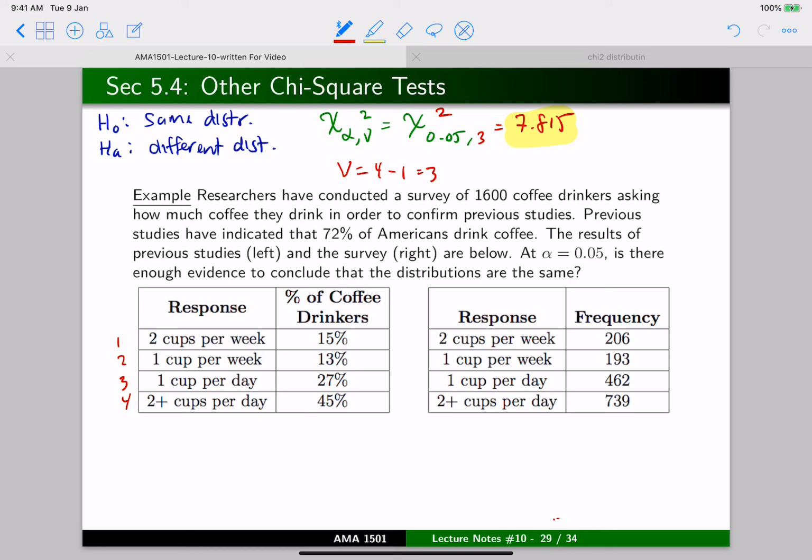So now how do we calculate? This is going to be the observed values. What are the expected values?